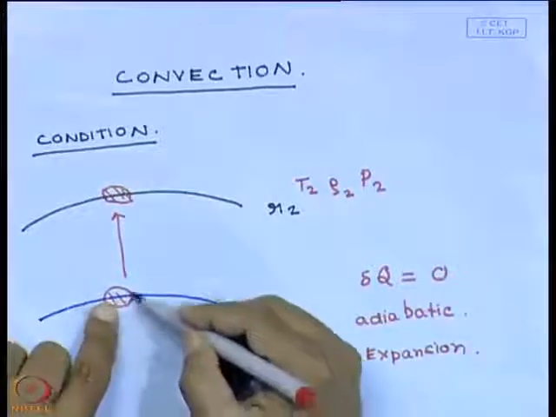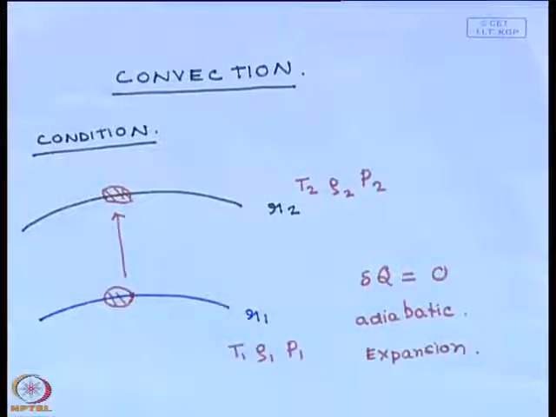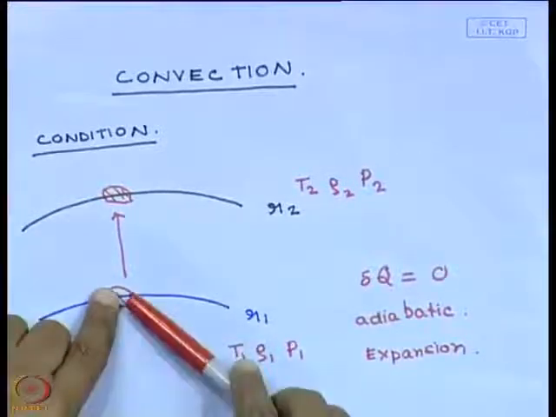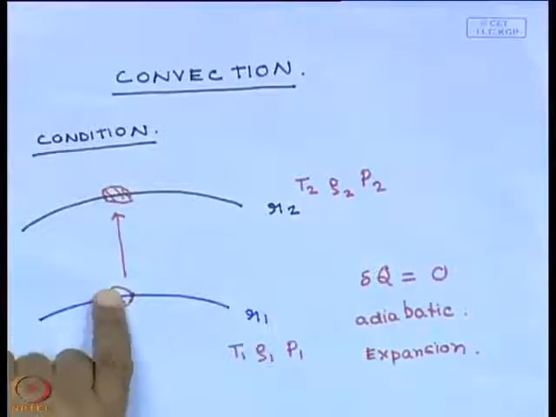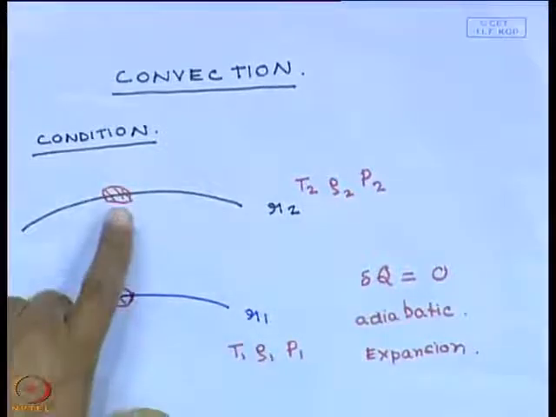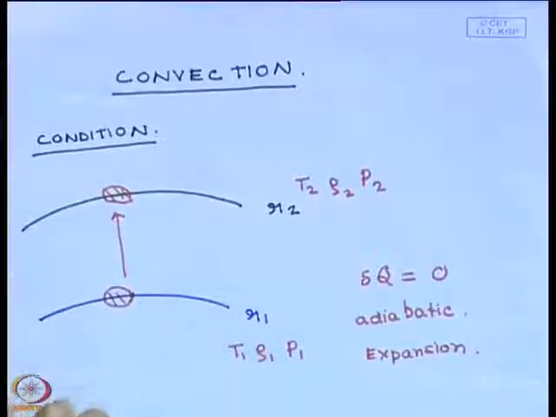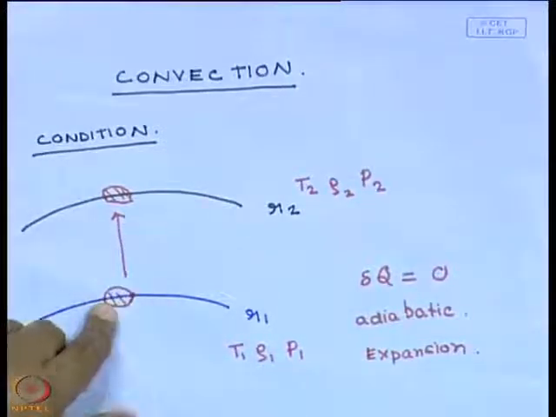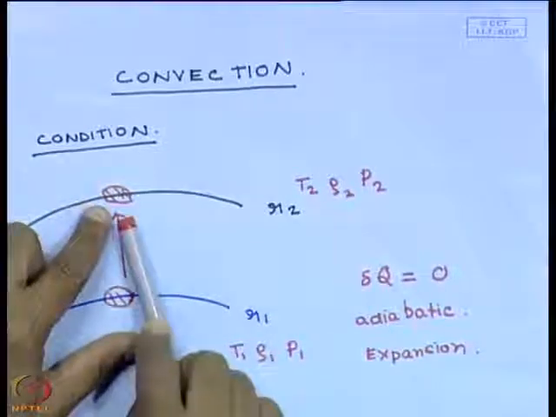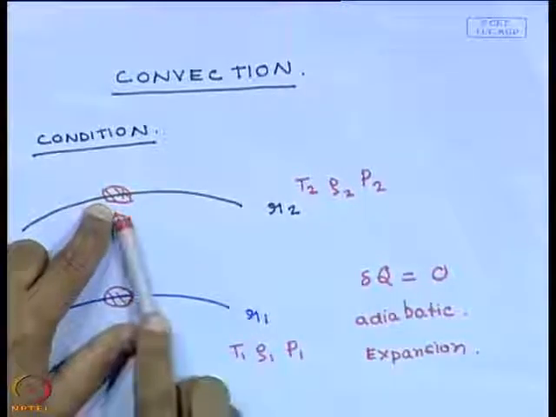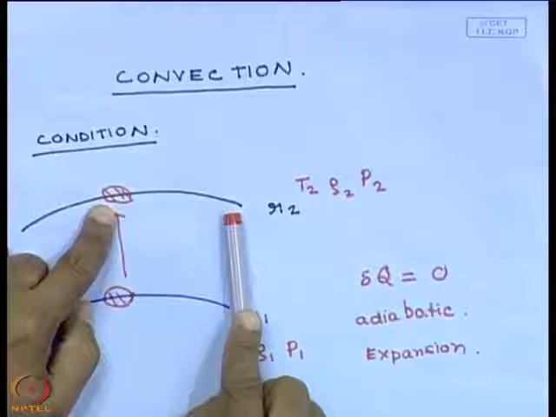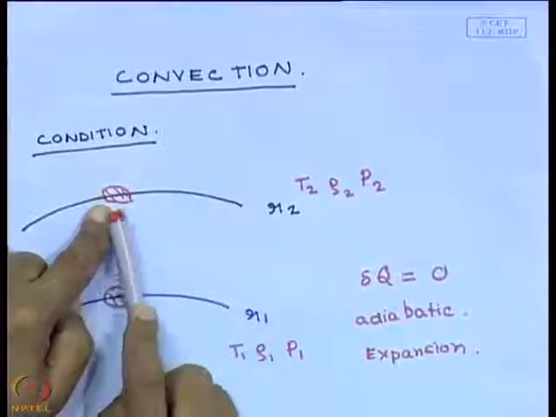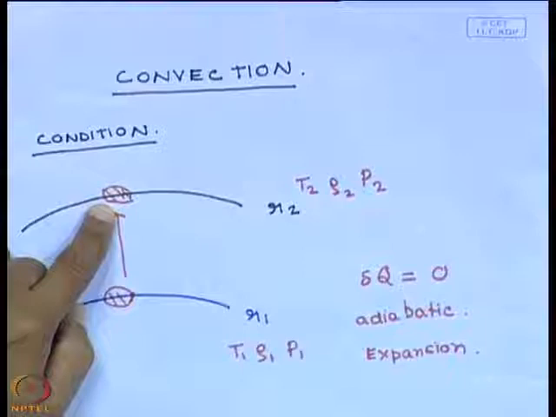As a consequence of this adiabatic expansion to another pressure P2, its temperature is going to fall, it is going to be cooler than what it was earlier. Now, the main question is: is it cooler than the surrounding, or is it hotter than the surrounding? That is the main question.